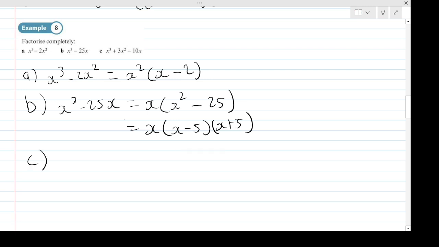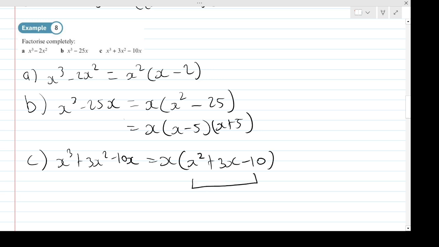Okay, part C, x cubed add 3x squared minus 10x. Before we do anything, I reckon I can pull an x out. Then we're going to have x squared plus 3x minus 10. Now, we might be able to factorize this quadratic using the method we did before, so let's see what we get.